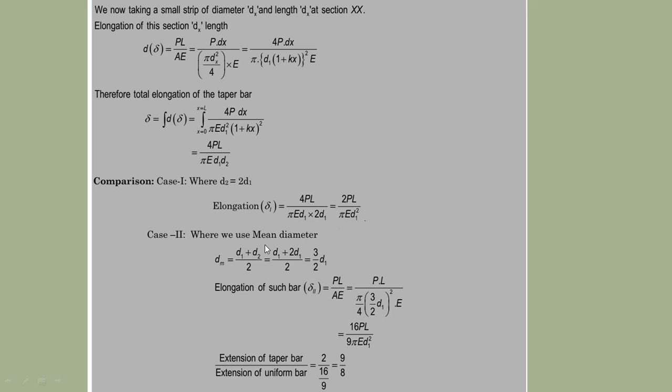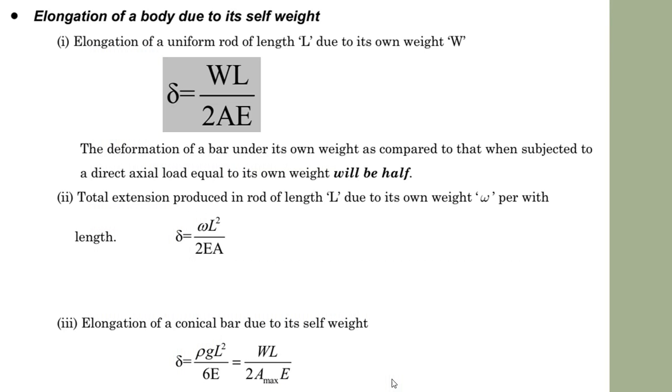Case 2, where we use the mean diameter, dm equals d1 plus d2 divided by 2, so d1 plus 2d1 divided by 2 is equal to 3 by 2 d1. Elongation of such a bar is PL divided by AE, which is PL divided by pi by 4 into 3 by 2 d1 squared into E, that is 16PL by 9 pi E d1 square. Then we compare extension of the taper bar with extension of a uniform bar. Now elongation of a body due to its self weight.